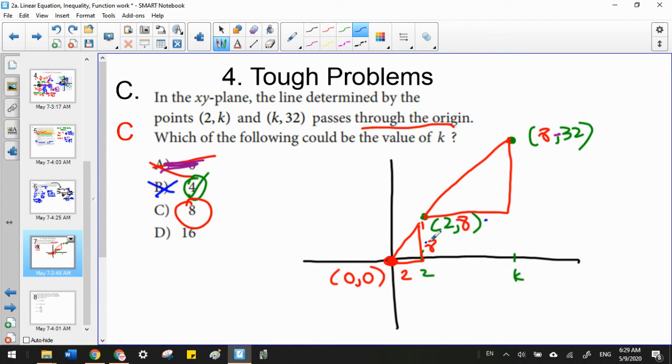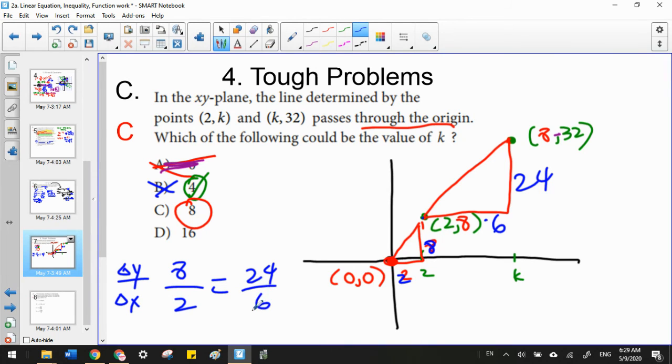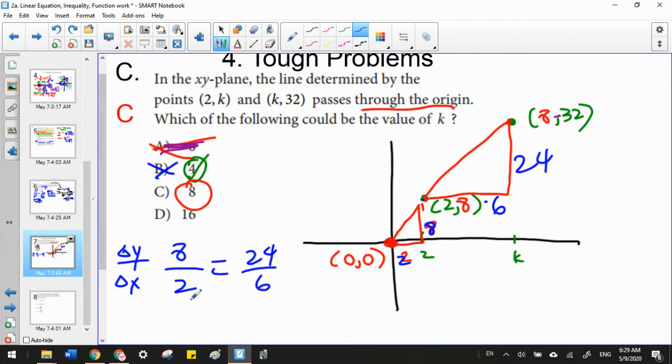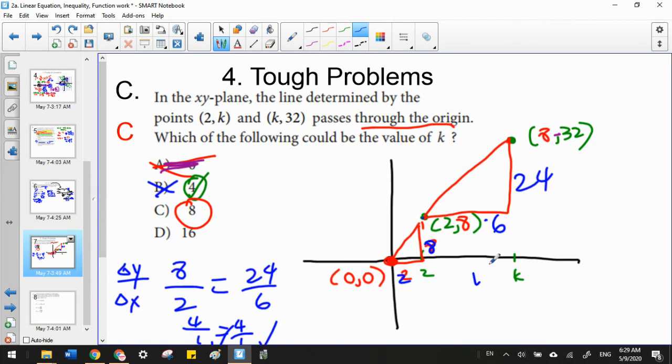And then my changes from 2, 8 to 8, 32 is 24 and 6. And now when I compare the ratios of the change in y over the change in x, I'll notice that it cleans up to 4 over 1 equals 4 over 1. So the slopes are consistent between the 2 intervals that we have. And that's how we know the work is legit.